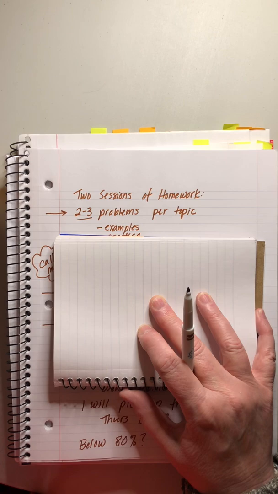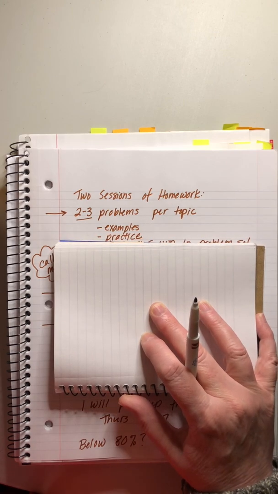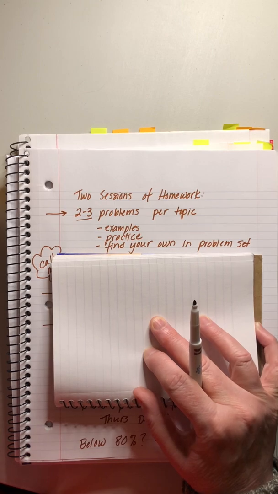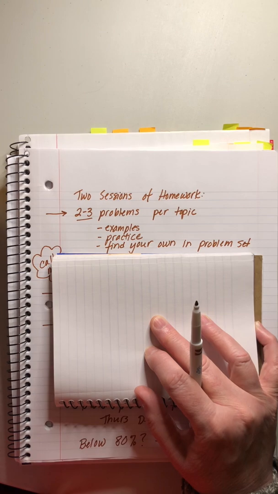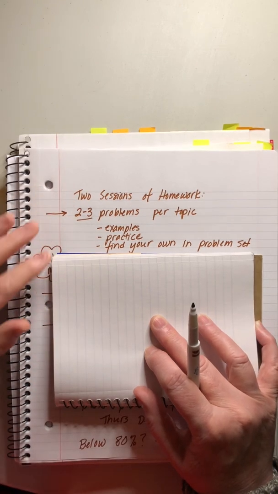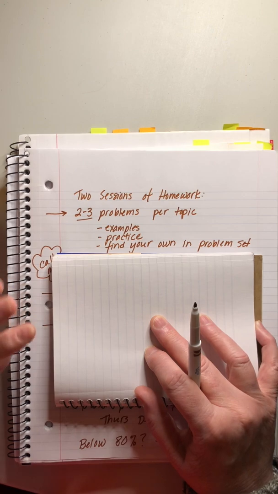You can get those from the examples that I use when I teach. You can get them from the practice problems, or you can find your own problems in the problem set by using the little parenthesis numbers as your key. Start by doing 2 or 3 of them. If you're doing well and you feel confident and you're getting them right and you know the formulas by heart, then that's fine.